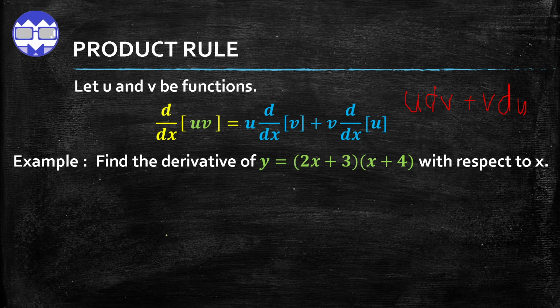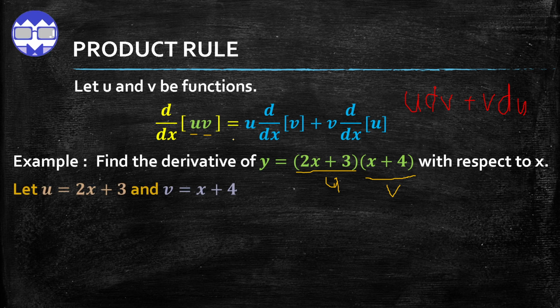Okay, basically, we can say that the first term is always u, the second, not term, but factor. The first factor is u, the second factor is v. That's the pattern, u times v. So we can say we let u be equal to 2x plus 3 and v be equal to x plus 4.